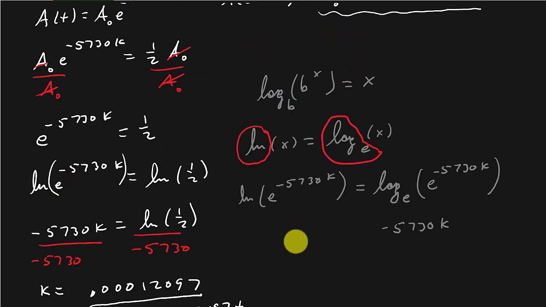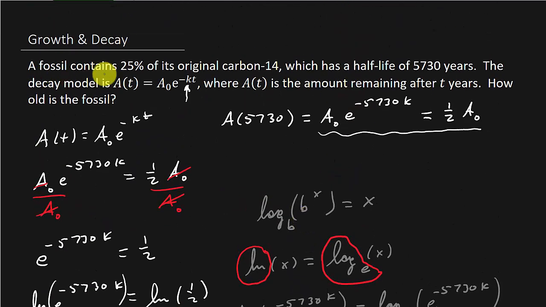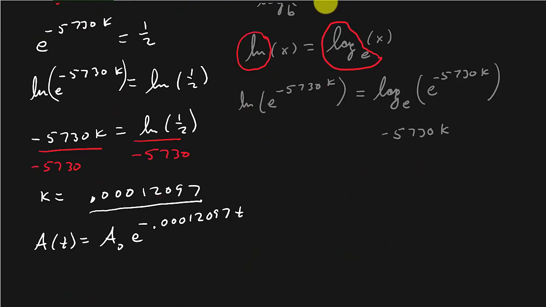Now what do we want to know? A fossil contains 25% of its original amount. We know the original amount is A naught, and 25% of that would be 0.25 times A naught. We convert the 25% to a decimal.